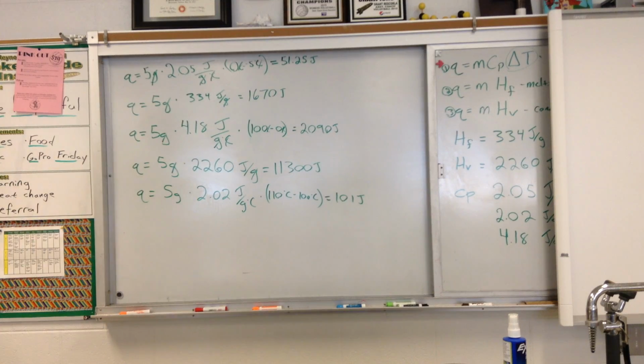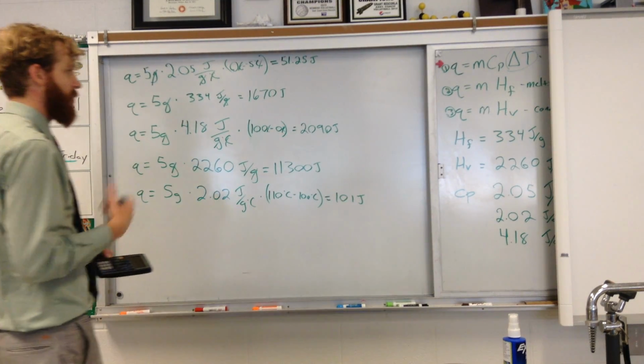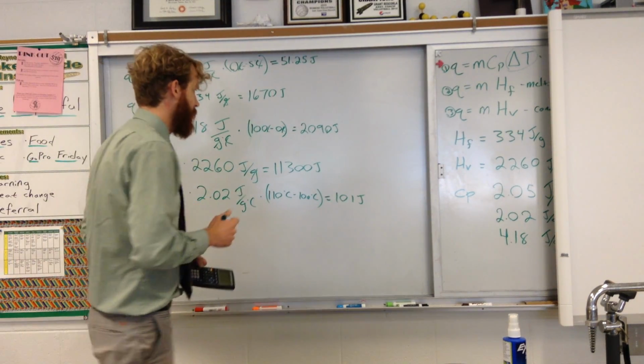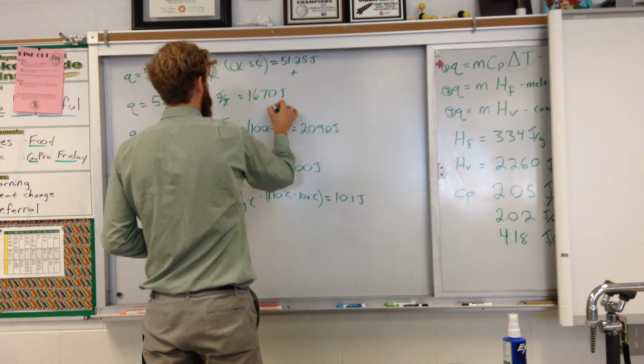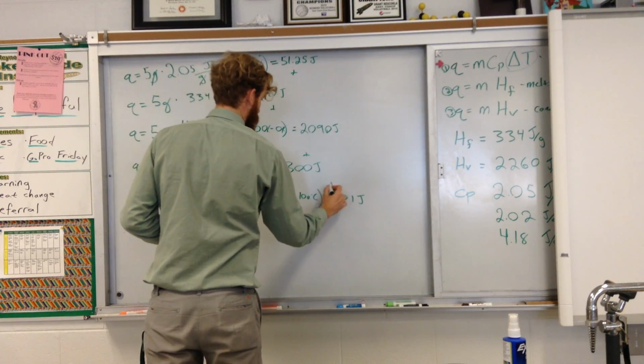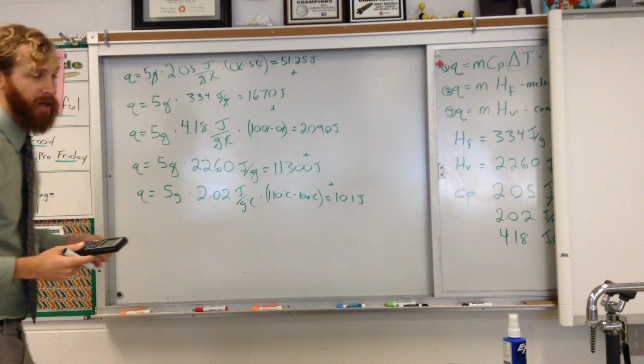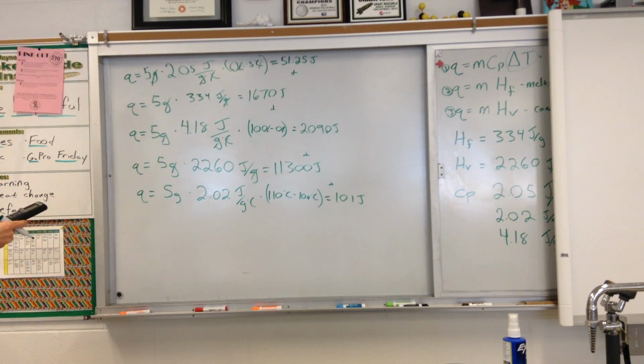The last thing we have to do is add all of these up to get our total energy. So, plug it into our calculator, add them all up, and that gets us our answer. So 51.25 plus 1,670 plus 2,090 plus 11,300 plus 101 joules.